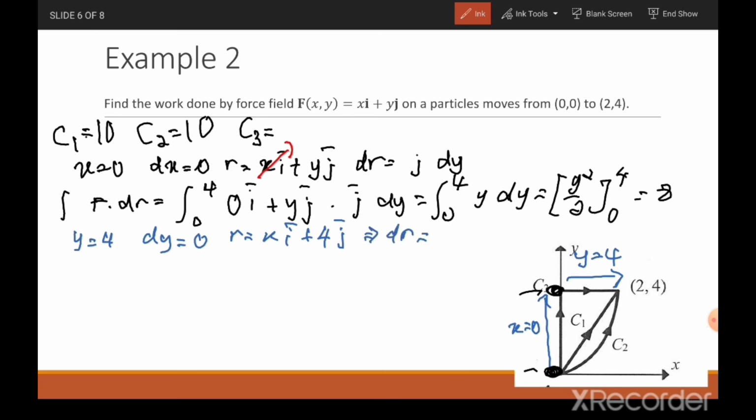So the dr is i plus 0. Okay, then you can find the f dot dr.